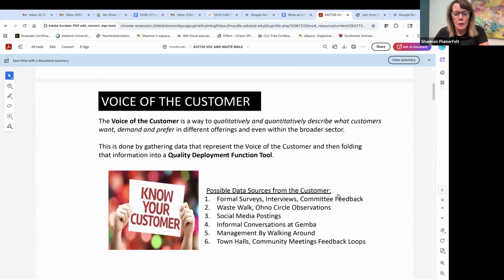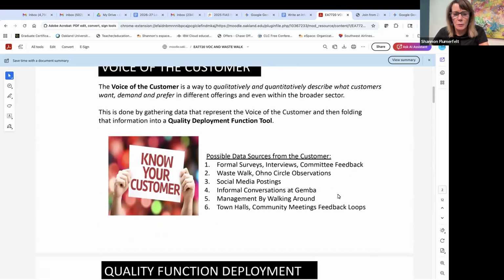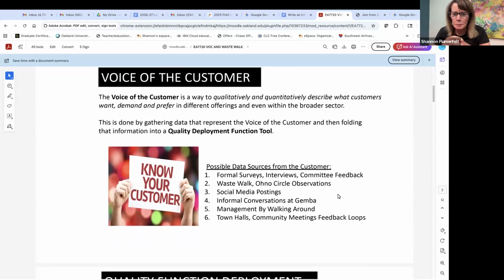So let's see here what the voice of the customer is. What we do with voice of the customer is we take our data sets. So you can do your waste walk. You can have other observations. You can have survey data. You can take social media postings to get a lot of qualitative information from that.